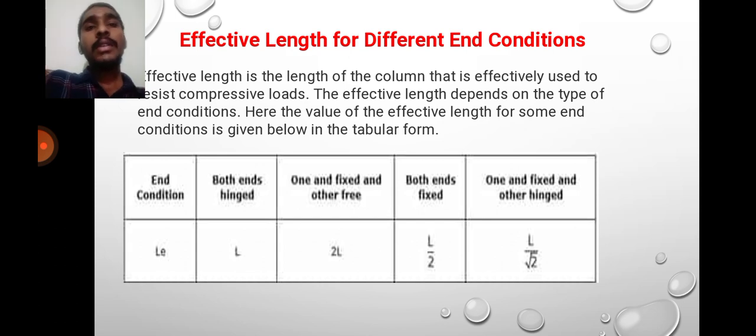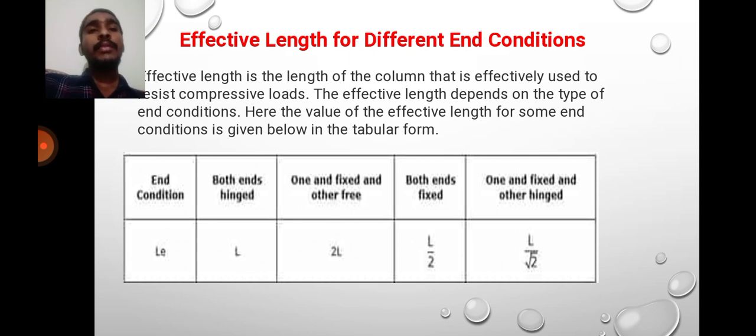As we have seen in previous slides, in the diagrams, due to the compressive load, the cross section area is increased and the length is decreased in every diagram. So the compressive load is used. The effective length depends on the type of end conditions.